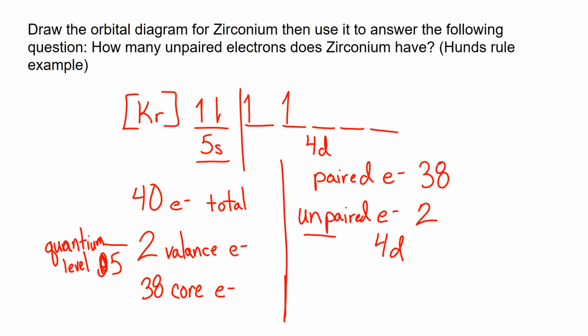That's my valence. But when I say there are 38 paired, that's the 5s, the 4p, the 3d, the 4s, and everything below that. So just recognize that when we're talking about paired and unpaired, that can have different numbers than valence and all of that. This one just happened to have some correlations between things.